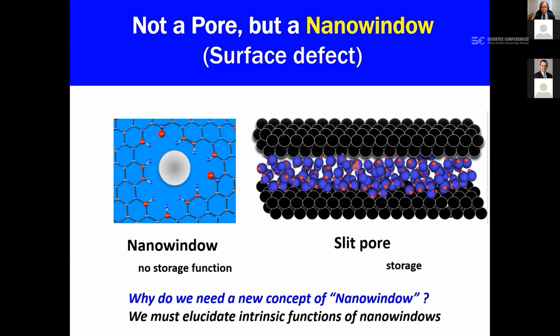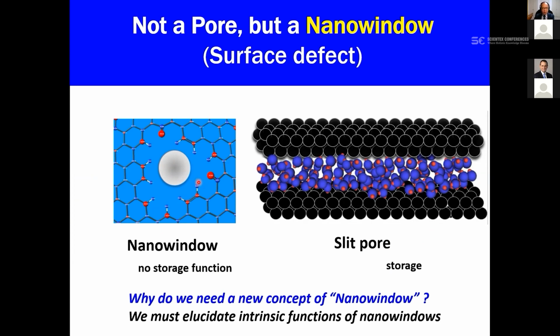The pore has a function for storing molecules and ions. On the other hand, nano windows, as shown here, just accept a single molecule or a few molecules or ions. This is very different from the function of the pores. Then we recommend this structure should be named nano windows.